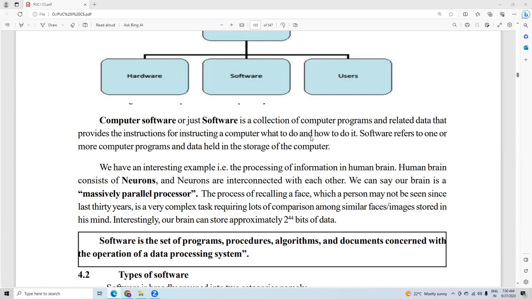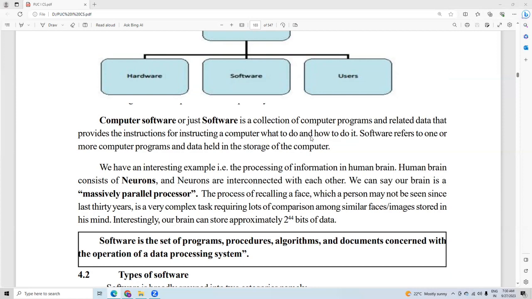Those groups of instructions are written in a systematic manner to perform a particular task. Every program performs one task. Like that, a collection of programs makes a group of tasks. So by using all these programs, they instruct the computer, they tell the computer what to do and how to do it. Both it is going to specify.